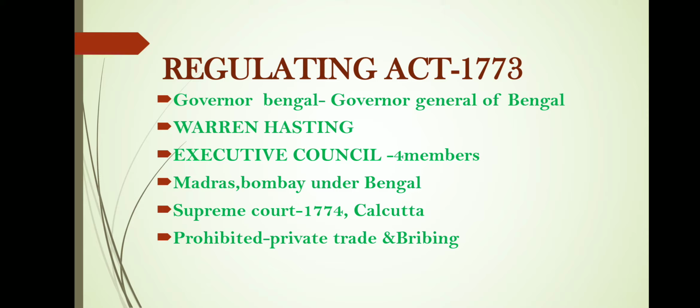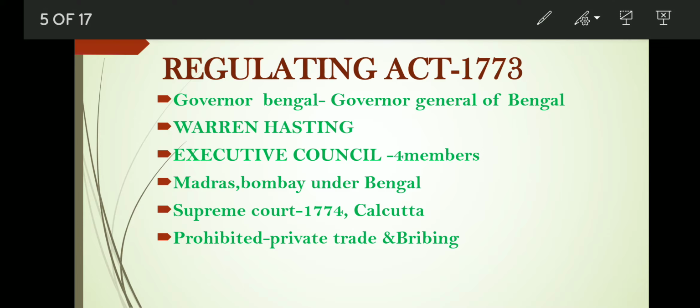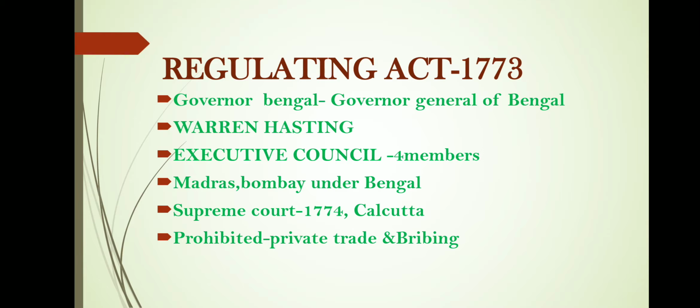The East India Company's servants were prohibited from engaging in private trade and from accepting presents and bribes, that is gifts and all, from the natives. So this is the Regulating Act of 1773.